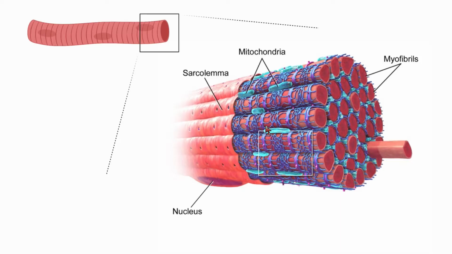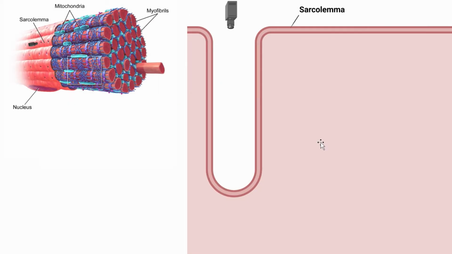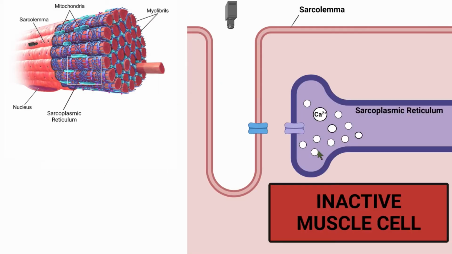And you can see that it kind of goes all over the muscle cell, all the way down. It's all over these myofibrils, and it even goes within the muscle cell quite deeply within. So why is that? Well, it contains calcium, and calcium has a really important function that is dependent on these two receptors, or these two gateways that we're going to be talking about in just a second.